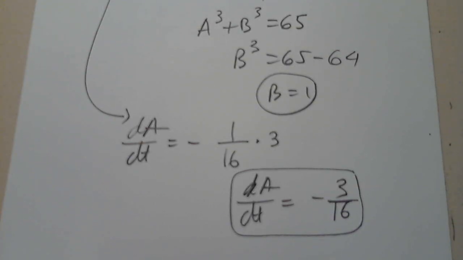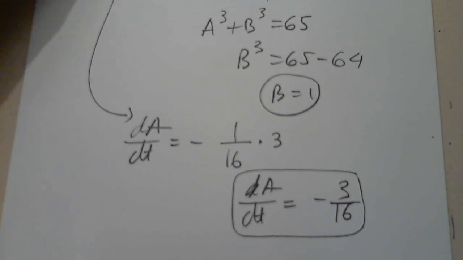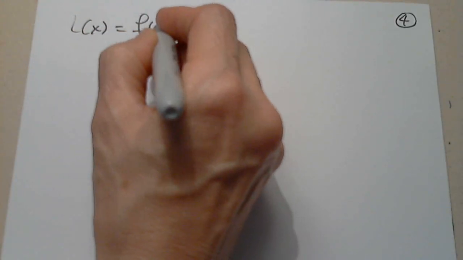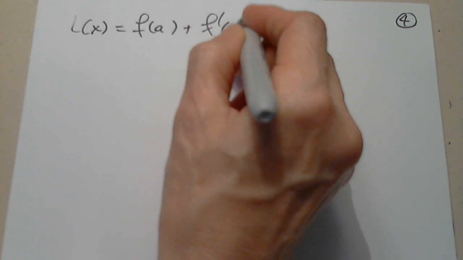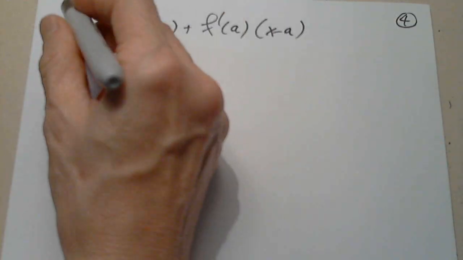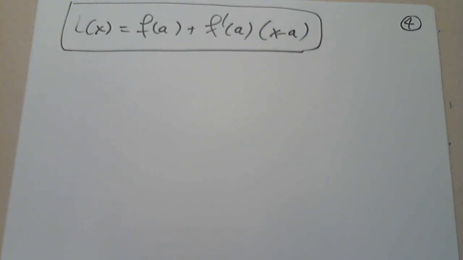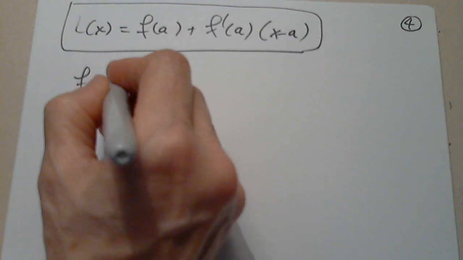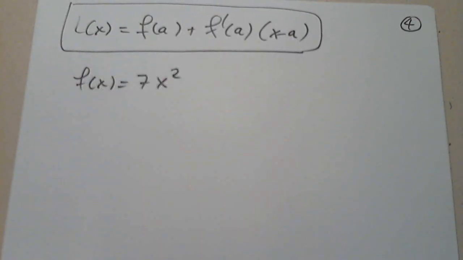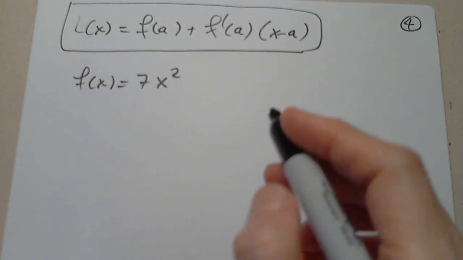Find the linearization. These are just simple formulas that I hope you will remember. The linearization of a function is f of a plus f prime of a times x minus a. This is just a formula, and that's all we need to use. We are given f of x equals 7x squared, and they want us to find the linearization at a equals 2.